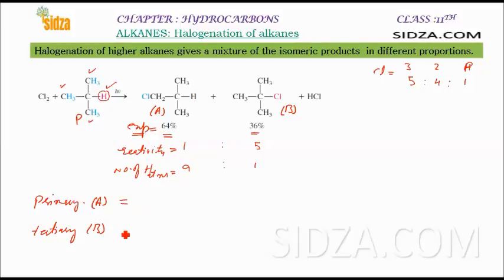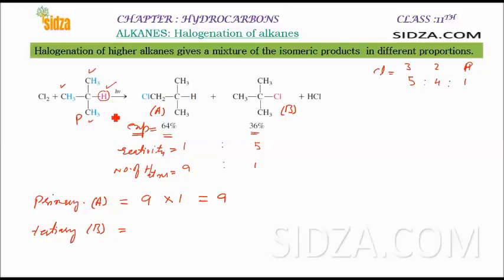Let's calculate that. We take the number of hydrogen atoms of the primary and the tertiary. How many primary hydrogen atoms are there? There are 9. And what is the order of reactivity? Multiply by the reactivity, which is 1. So you get 9. How many tertiary are there?